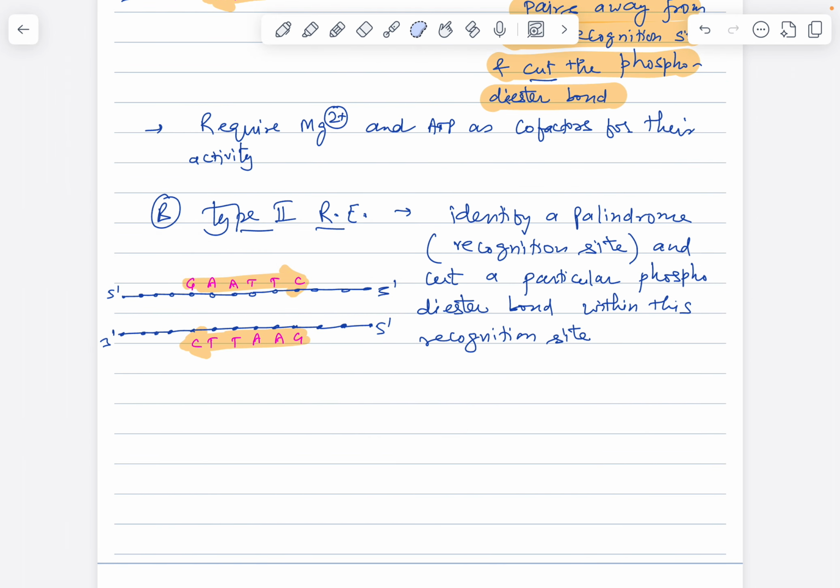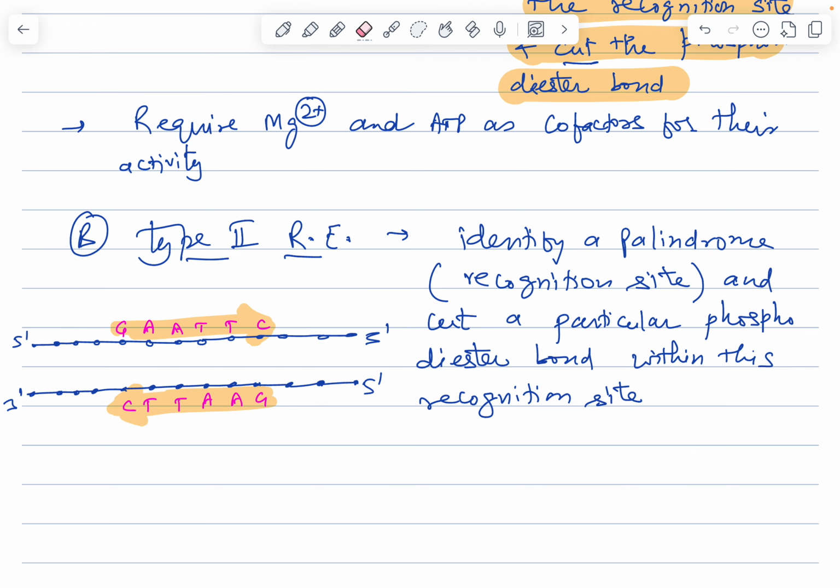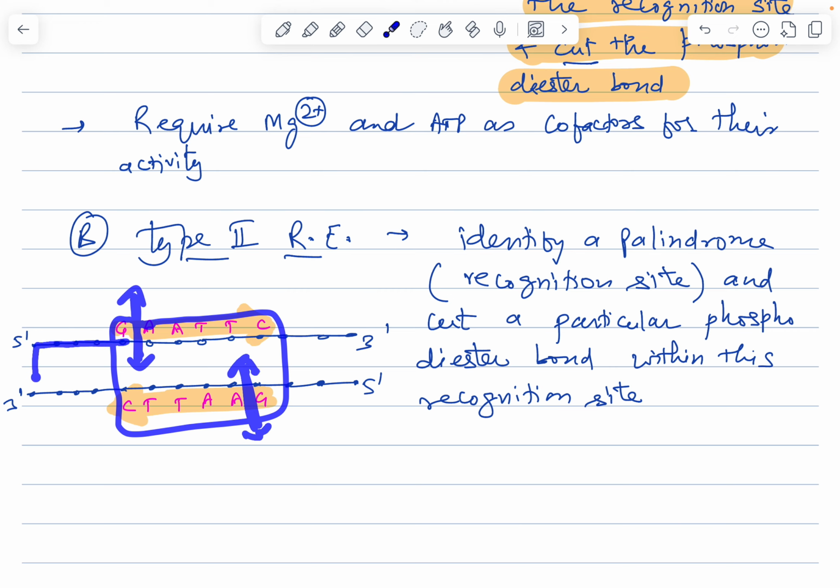Look at this again. If this is your genome that needs to be digested, the enzyme is going to attach to this site, and then once it attaches to this site, imagine it's going to cut the phosphodiester bond between G and A on both the strands. As a result, your genome gets broken into two pieces now.